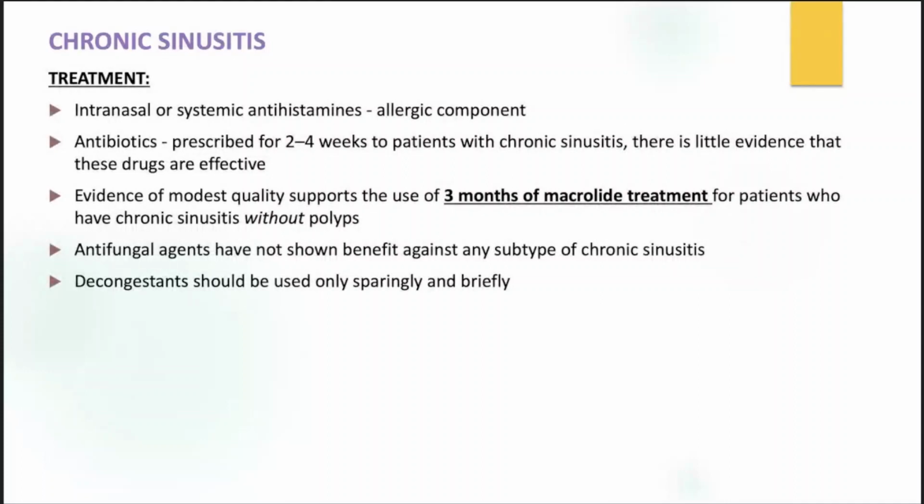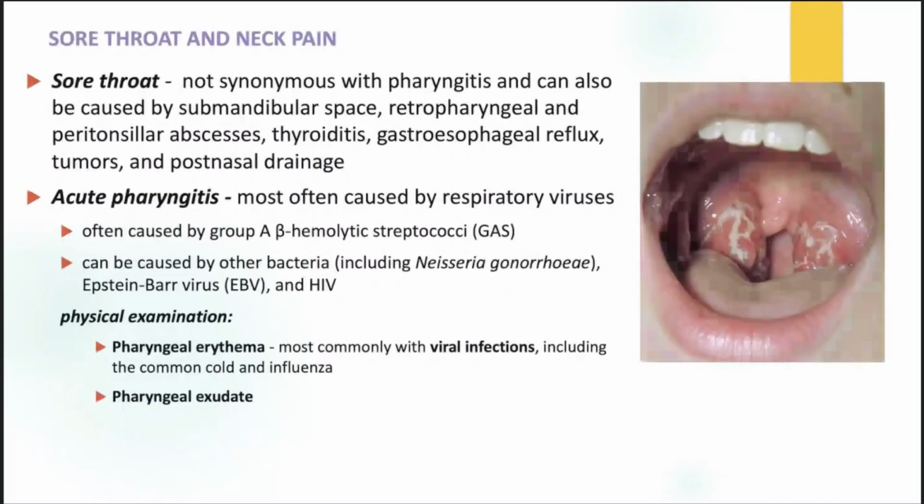So treatment would include antihistamine if there's an allergic component, and antibiotics that may be prescribed for 2 to 4 weeks to patients with chronic sinusitis, and evidence of modest quality supports the use of 3 months of macrolide. Azithromycin is an example for patients who have chronic sinusitis without polyps. Antifungal agents have also not shown benefit against any subtype of chronic sinusitis, and decongestants should only be used sparingly and briefly.